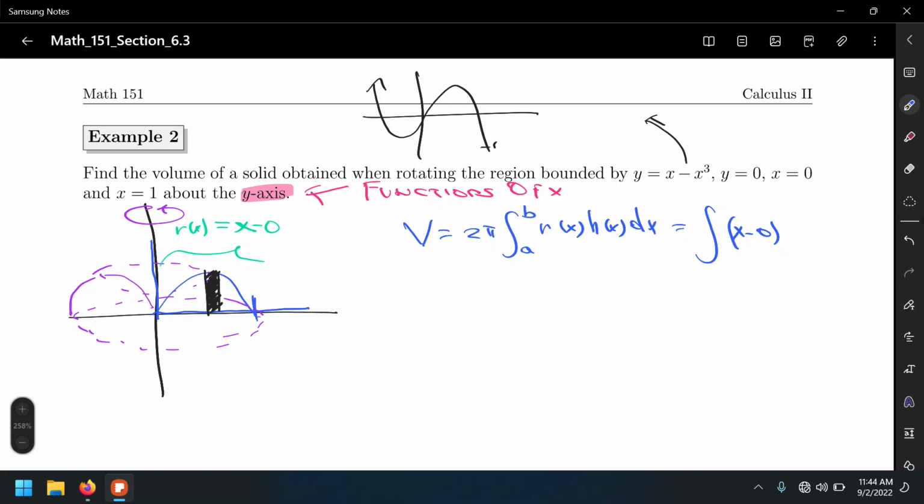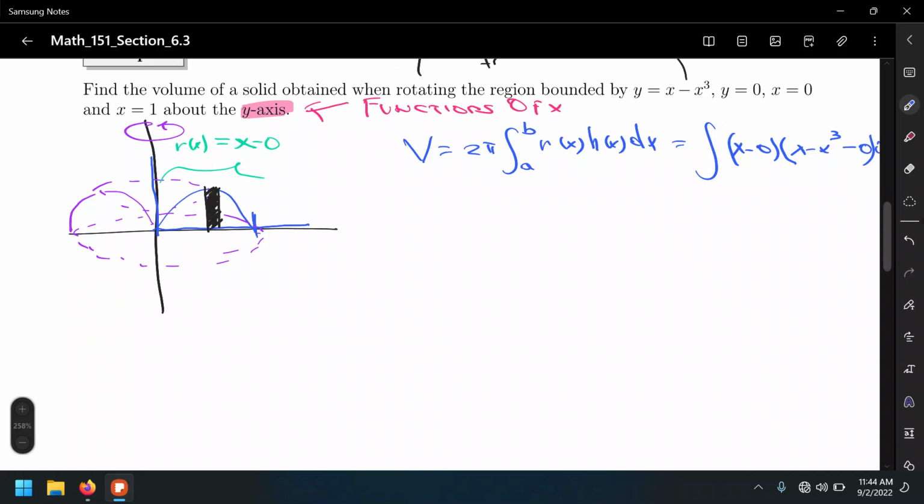The reason I'm writing this minus 0 is so you can see how we are setting up the region of integration. And then what about the top minus bottom? Which one's the top? Isn't it the curve? Yeah, which is defined by x minus x cubed, minus the bottom, which is 0, with respect to x.